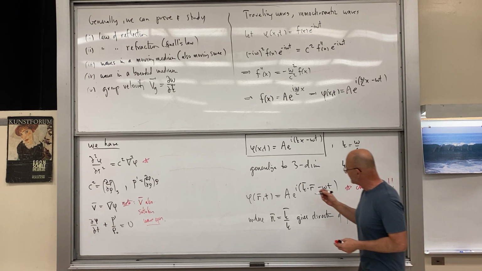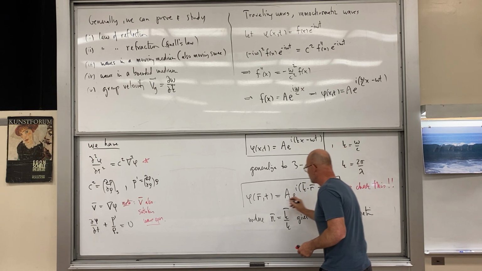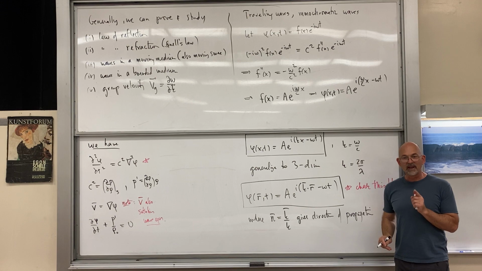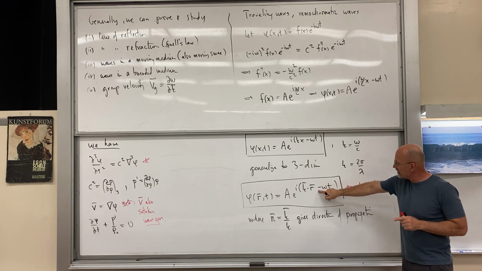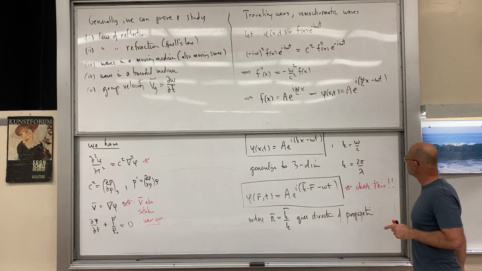Good, so this is important: plane wave solution, monochromatic plane wave in the direction of propagation, which is just given by the vector k itself.